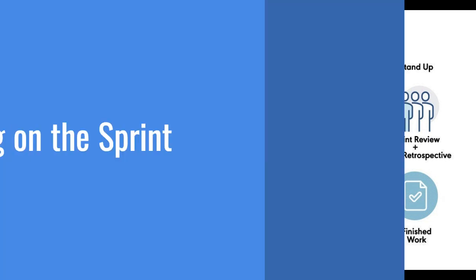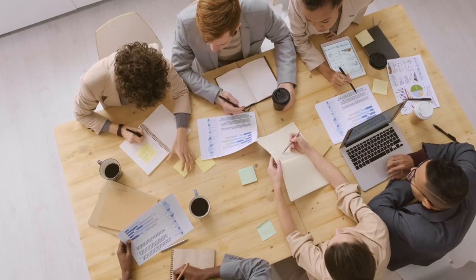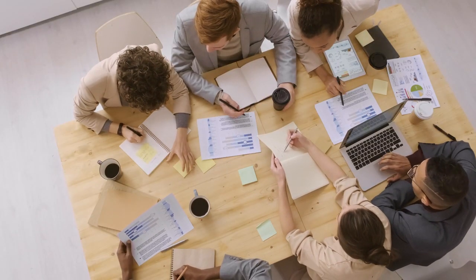So the first thing is reflecting on the sprint. The sprint retrospective begins with a reflection on the recently completed sprint. That means we discuss what has been completed and how the sprint went, and the Scrum development team looks at both positive and negative aspects of the sprint.